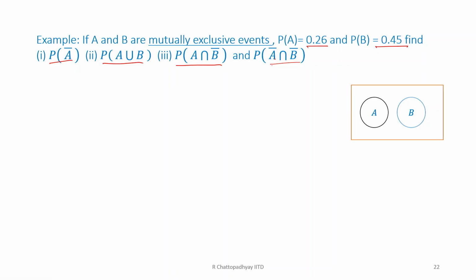That is the intersection part. Mutually exclusive events, so we represent them like this, the way it is shown here. The solution: first of all, P(A complement) is going to be 1 minus P(A). So 1 minus 0.26, P(A) is given, so the value is 0.74.